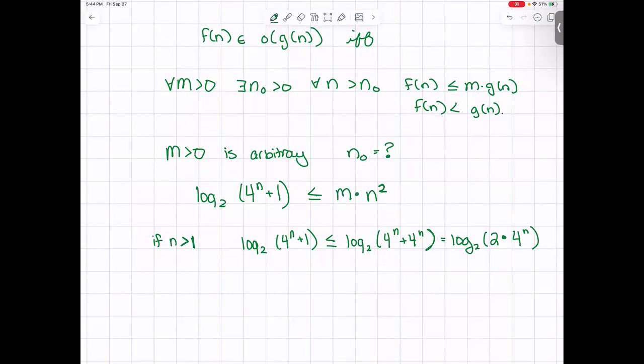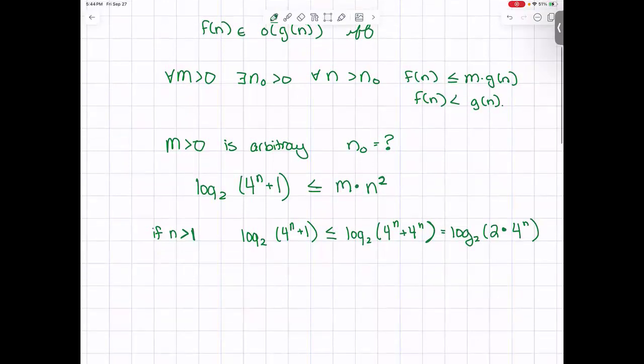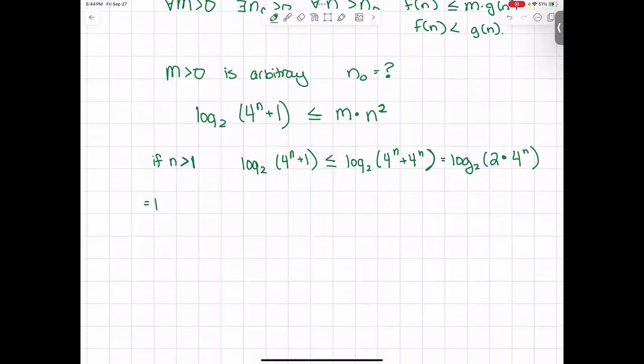Having that is really important here, because this log of 2 times 4 to the n is basically the same thing as saying log base 2 of 2 plus log base 2 of 4 to the n, which when calculated leaves us with that 1 over there, plus log base 2 of 4 to the n.